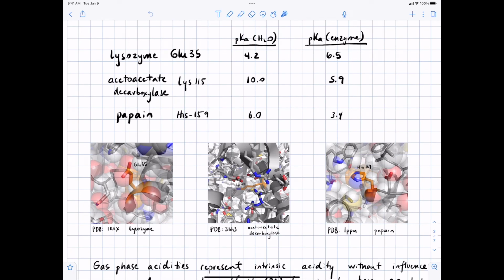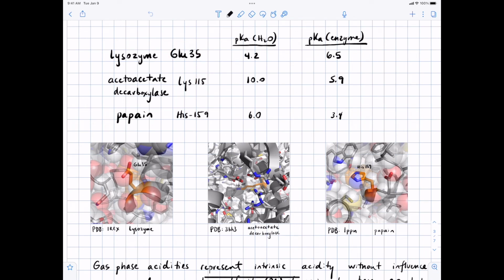So these are three enzymes: lysozyme, acetoacetate decarboxylase, and a protease called papain or something like that. Their active sites contain residues that are important for their biological activity.